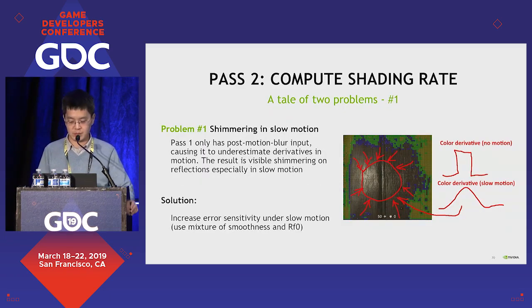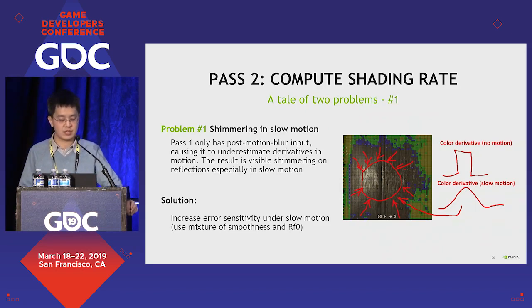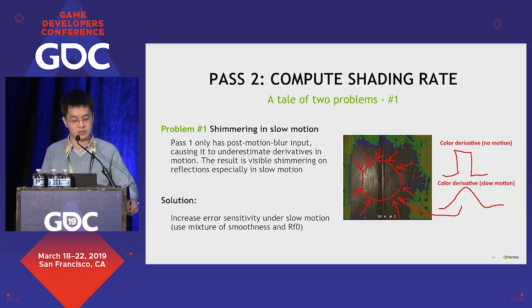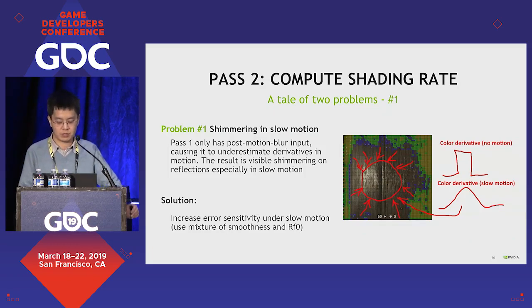The first problem is shimmering in slow motion. This is because the engine has HDR motion blur, but we need to use post-tone mapping color results from the previous frame, so the image we get is already motion blurred. This causes our algorithm to underestimate the derivatives when there is motion.